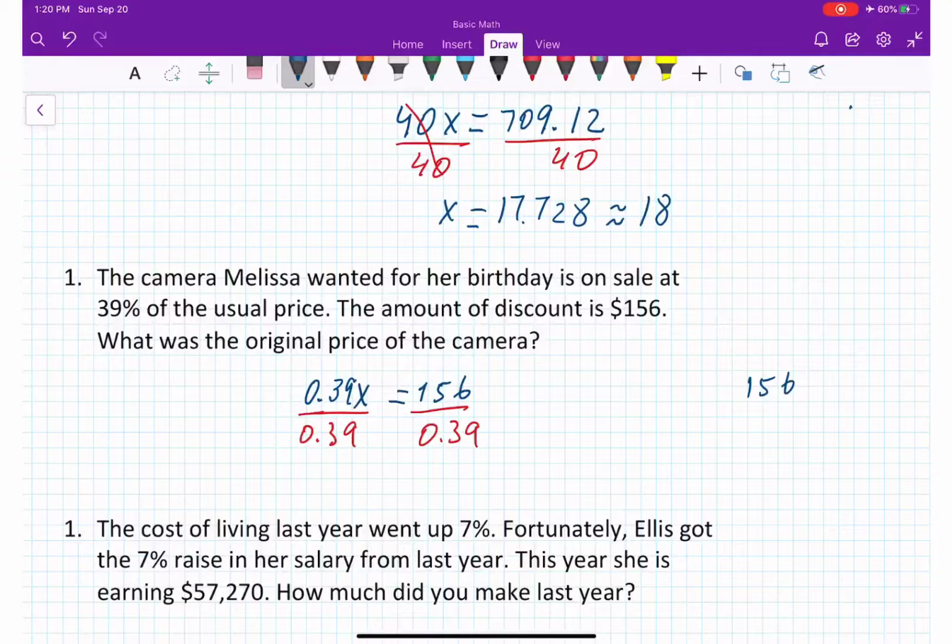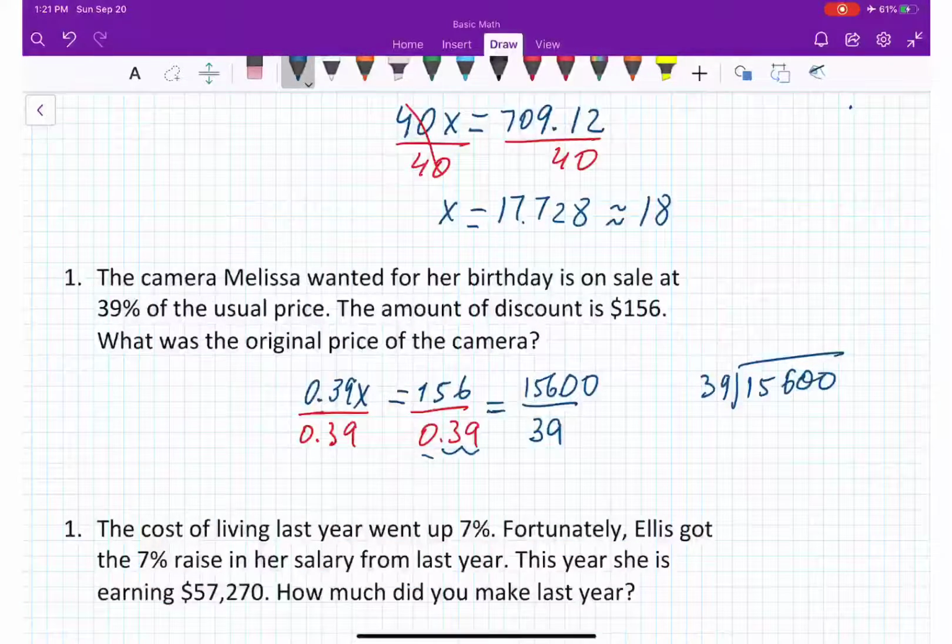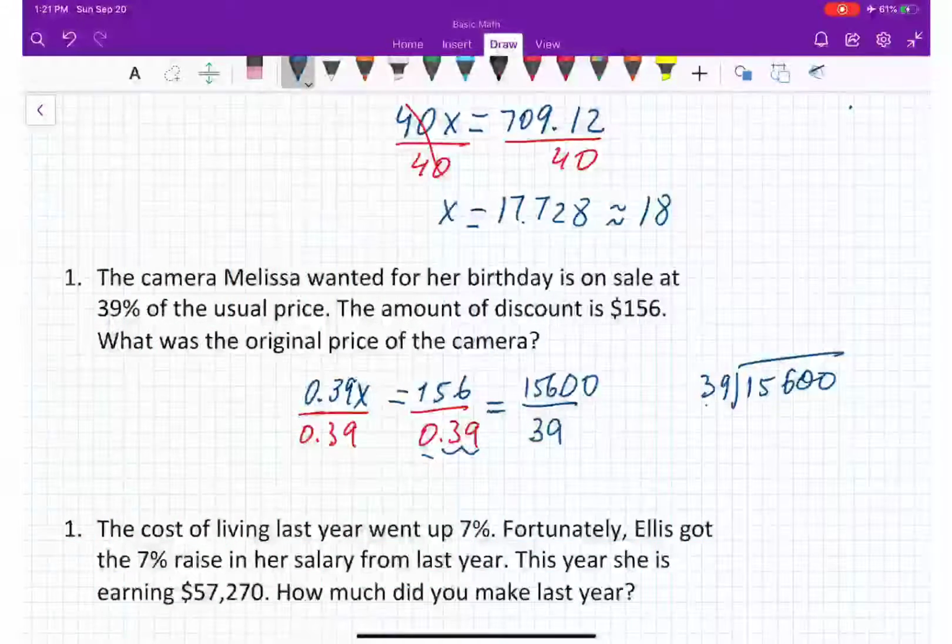Okay, let's divide 156. Since we can't divide by decimal notation, instead of 0.39, I'm going to move by 2 positions here, and 156 decimal here, adding 2 more zeros, 15600, dividing by 39. Let's see how it's going to happen. 156, so 1 is not divisible by 39, taking 15, I cannot divide by 39.